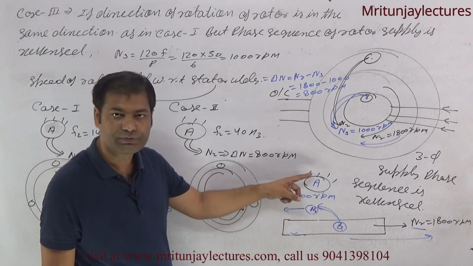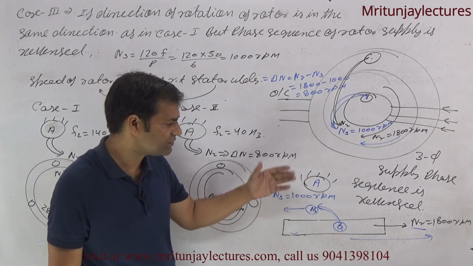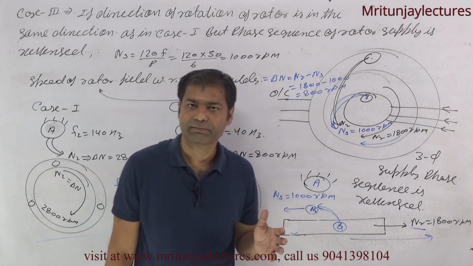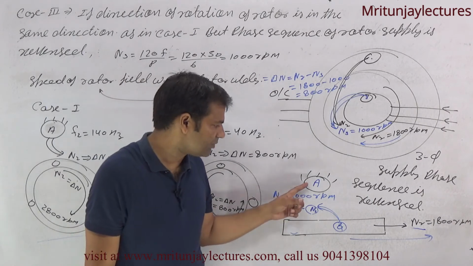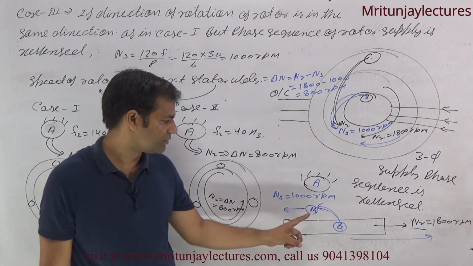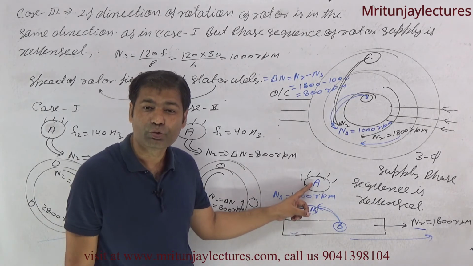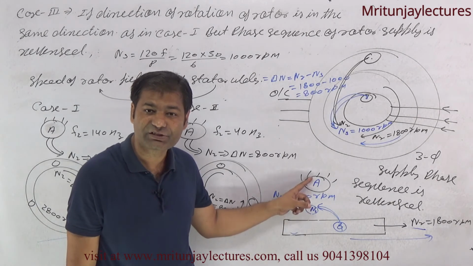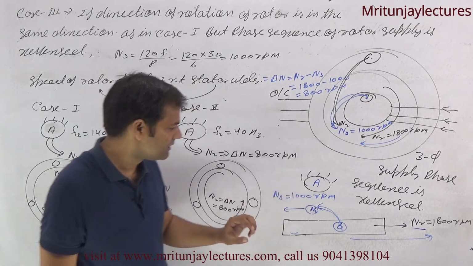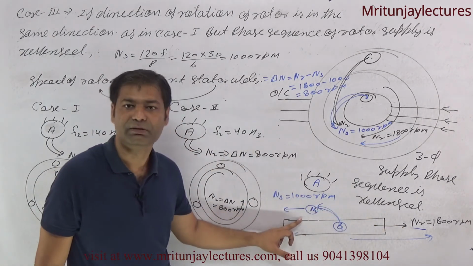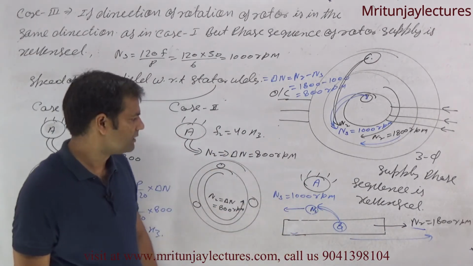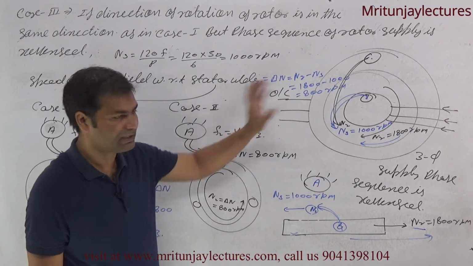So if you sit on the platform, or on the stator winding, what about the speed of the rotor field with respect to the stator structure or stator winding? That is this minus this one. So delta N like this one. Clear?